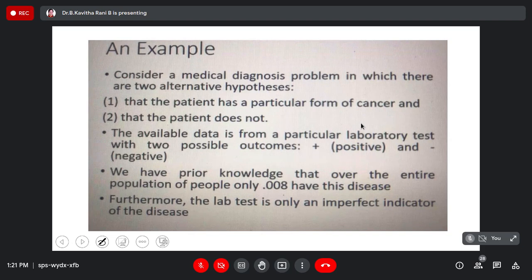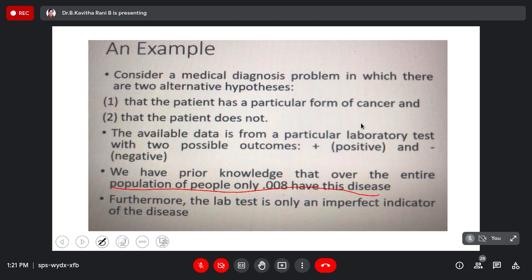We are analyzing the data, and we have some knowledge about that particular data in this way. So prior knowledge is that only 0.008 of the population have the disease, that is, 8 out of 1000. That is our assumption.